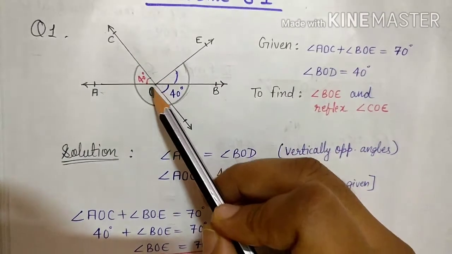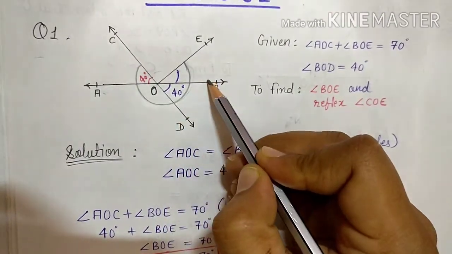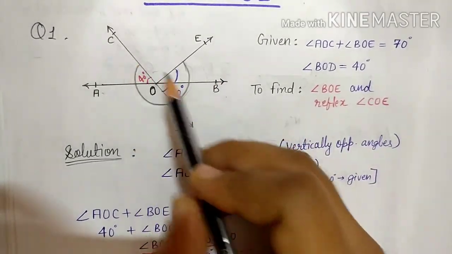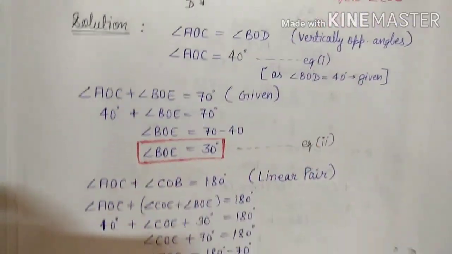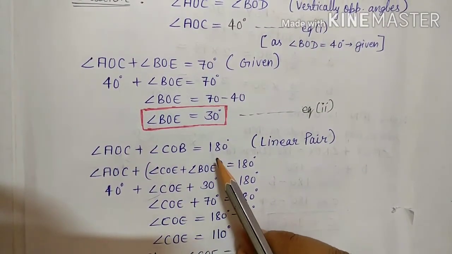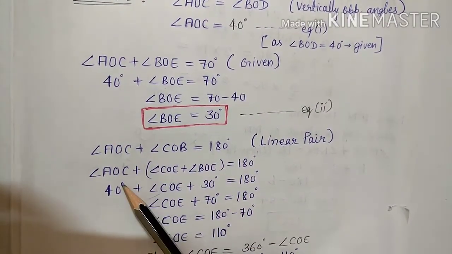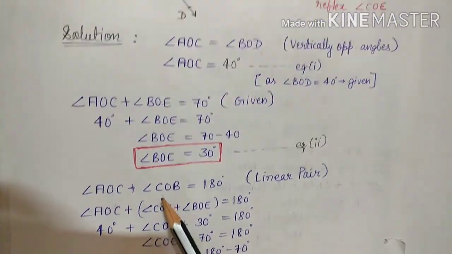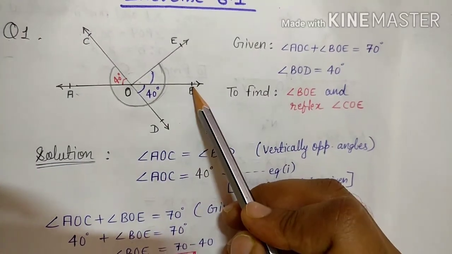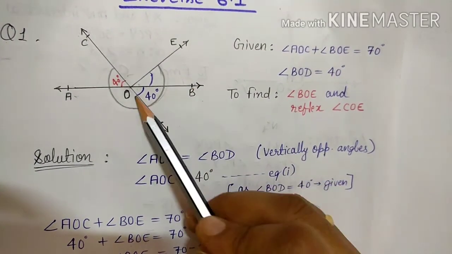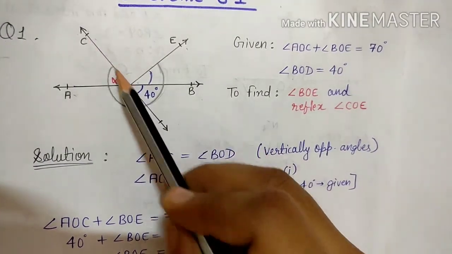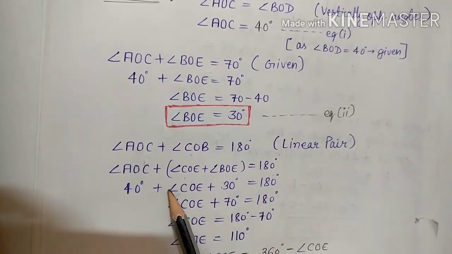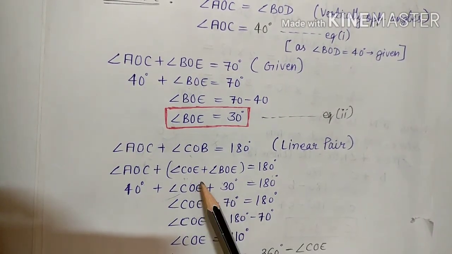This full angle makes 180 degrees. Angle AOC and angle COB are a linear pair, so angle AOC plus angle COB equals 180 degrees. AOC is 40 degrees, and angle COB is made from two angles, COE and BOE. So COE plus BOE equals 180 degrees minus 40 degrees.